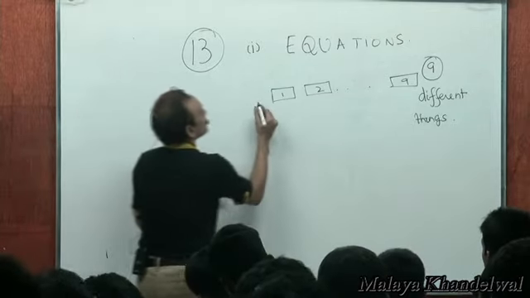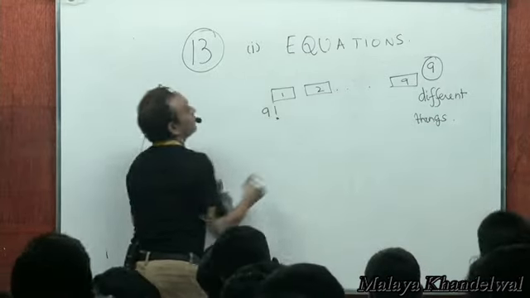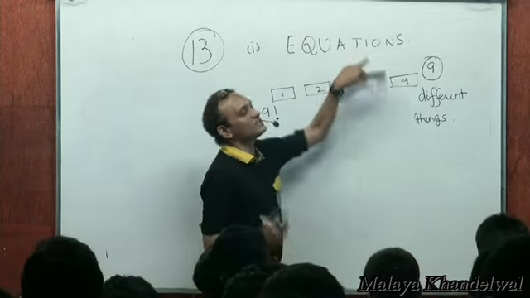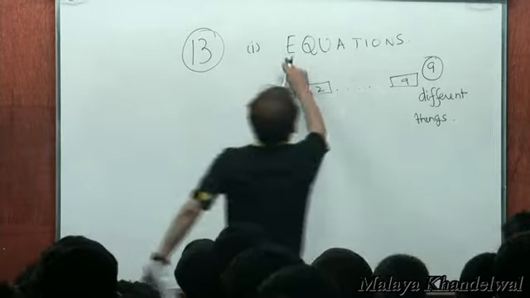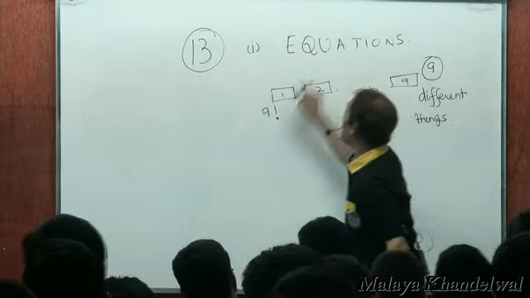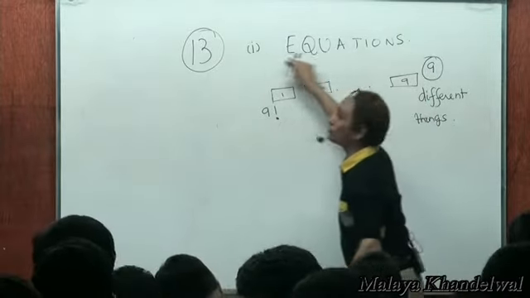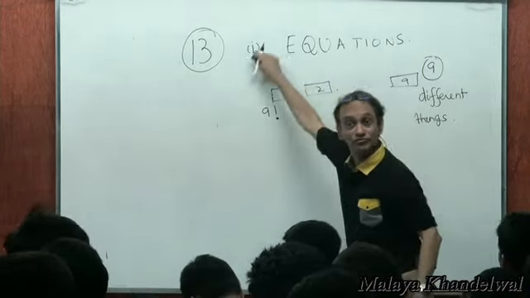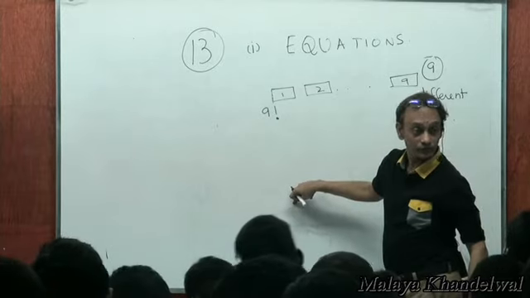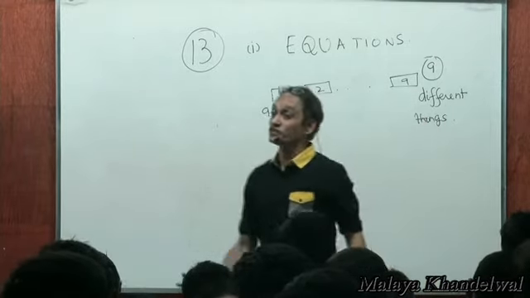So there are 9 factorial different ways. These are called 9 factorial permutations of this word.